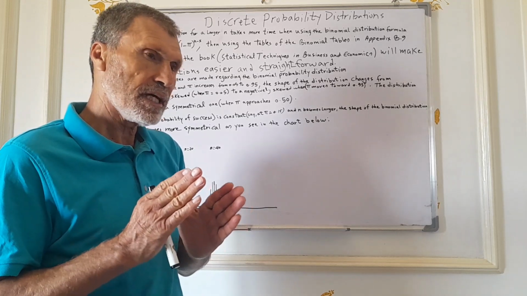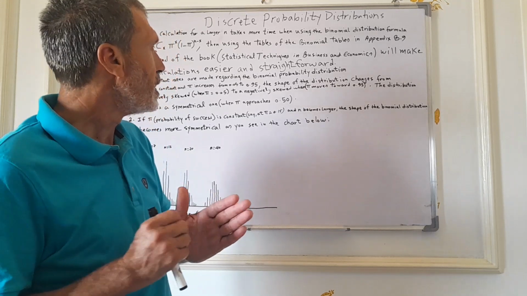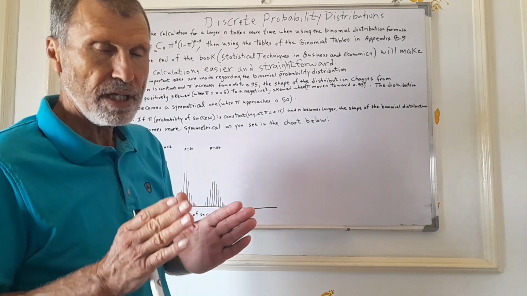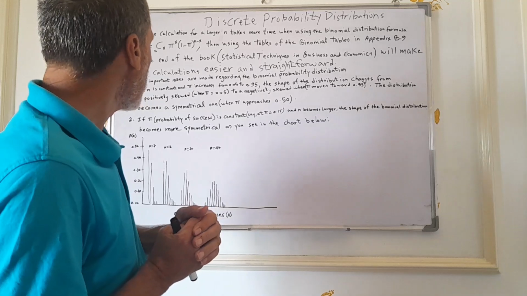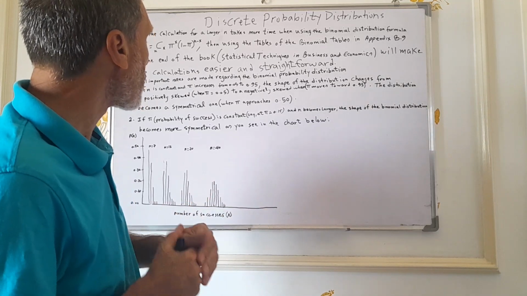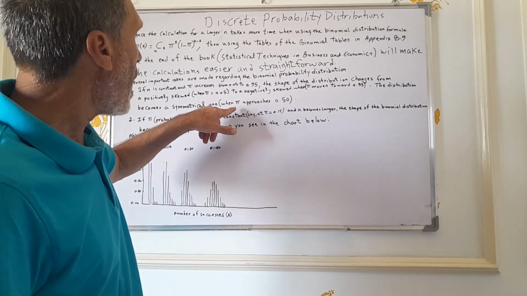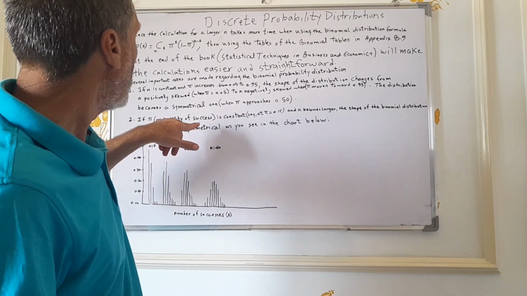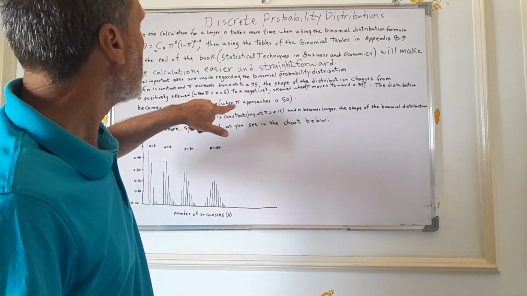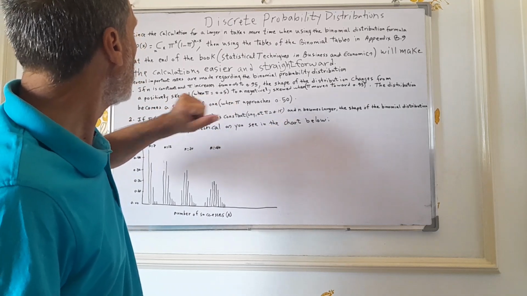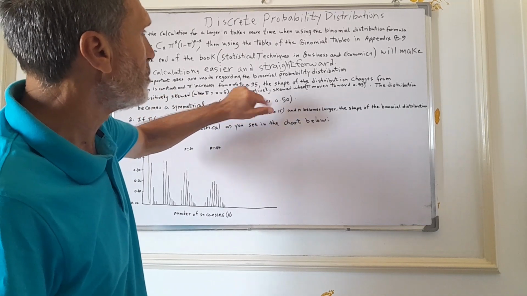So when pi, the probability of success, is about 0.5, the distribution becomes symmetrical. When pi is close to 0.05, that is 5%, the distribution is positively skewed. When pi approaches 0.95, we have a negatively skewed distribution.